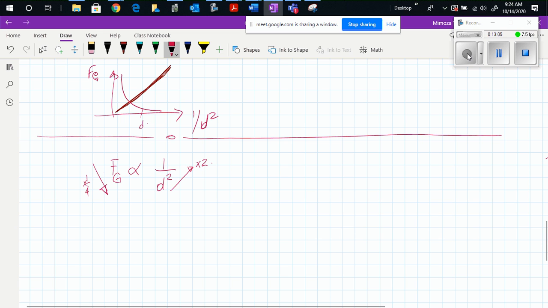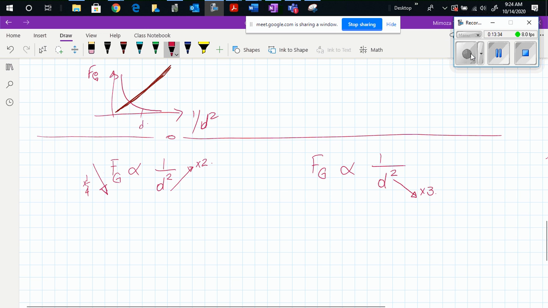The force of gravity is decreased by a factor of 4, or it's changed by a factor of 1 over 4. So now, again, since force of gravity is direct proportion to 1 over d squared, what we are doing is decreasing d by a factor of 3. What do you think will happen to the force of gravity in this case?